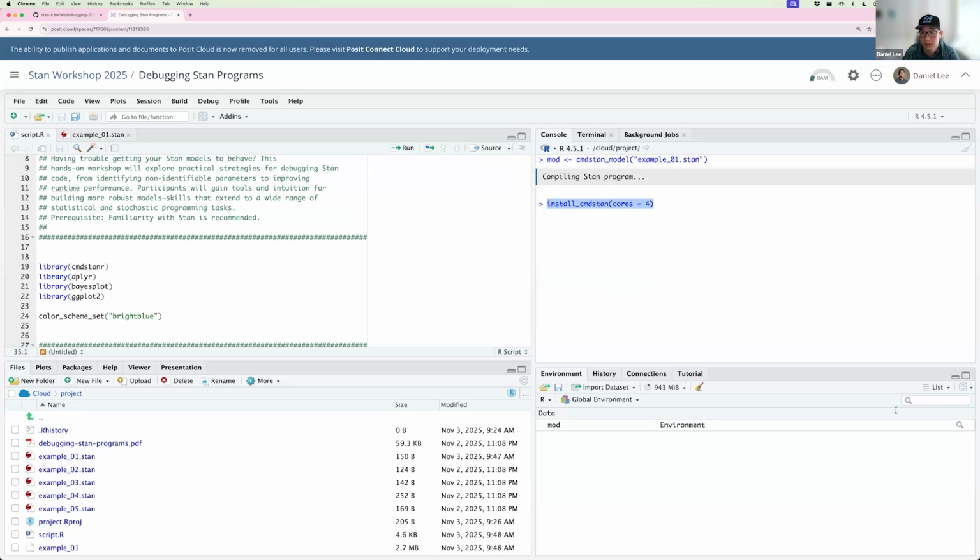All right, so for anyone with that CmdStan path not set, actually, let's try this. Can you type this and see if you get what I see here?